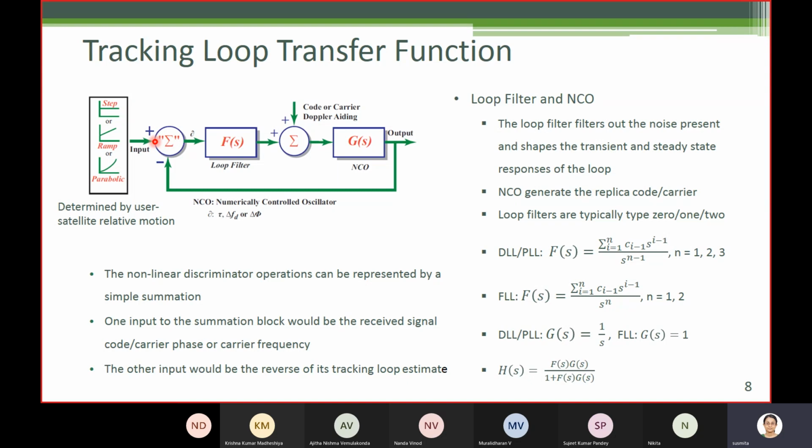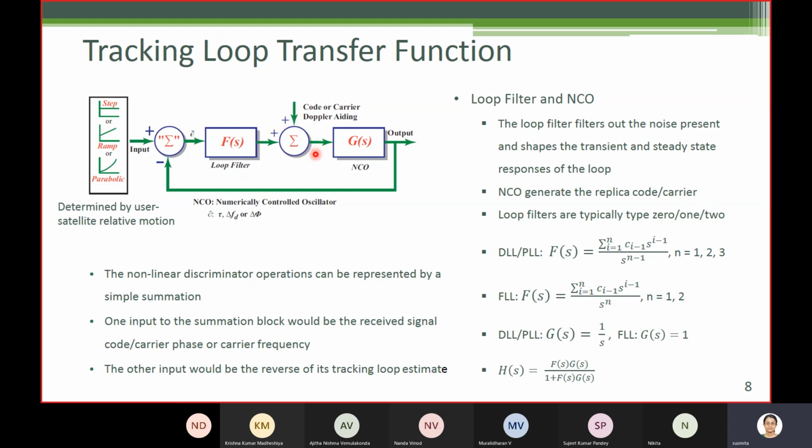So the loop filter needs to filter out noise to the extent possible. It should also shape the transient and steady state responses of the loop. So the loop filter should be chosen such that it has satisfactory transient and steady state performance, and at the same time, it filters out noise.